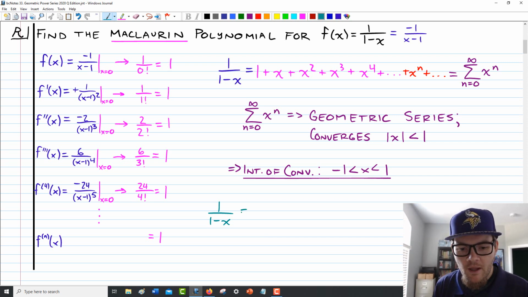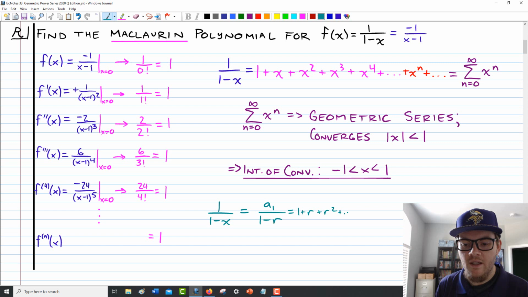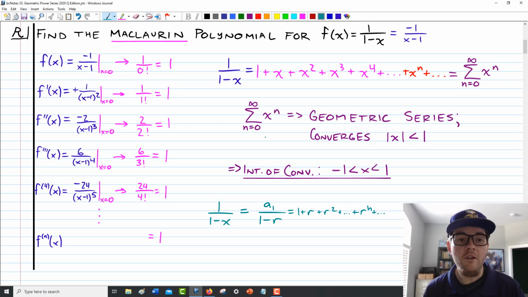I'm not sure if anyone realizes this, but this is really the same thing as a sub 1 over 1 minus r, which we know is the sum of the infinite geometric series 1 plus r plus r squared plus dot dot dot on to infinity. So actually this is a familiar structure in itself. We just weren't looking for it at the time, because why would we have been? We were thinking in a Taylor-Maclaurin power series kind of mode. Turns out that it has some neat facts about it as well.